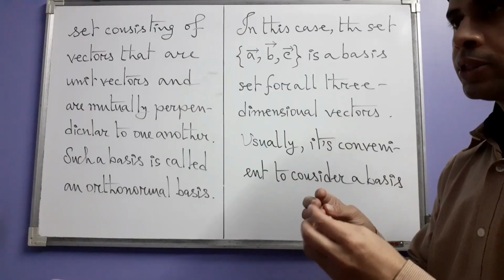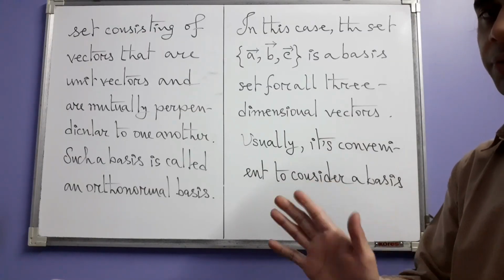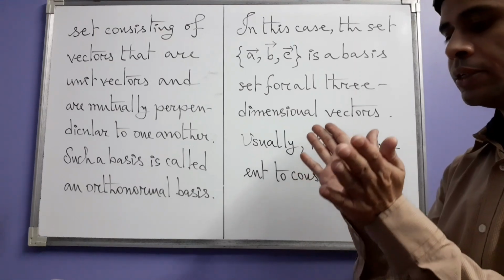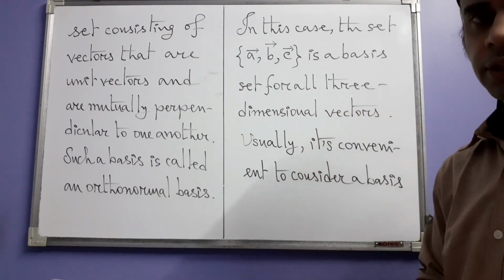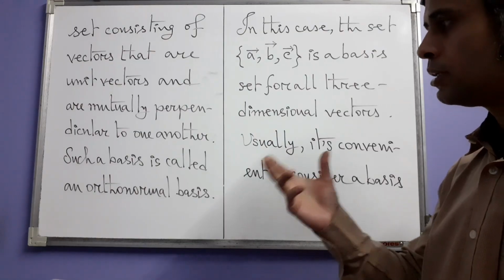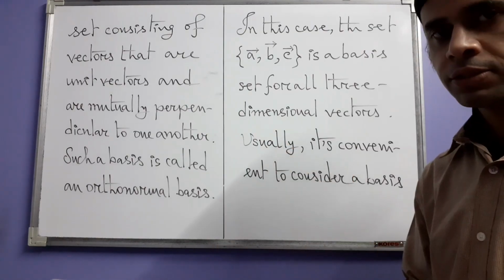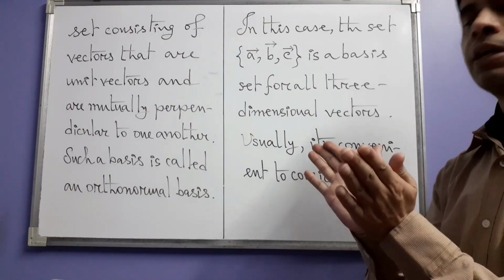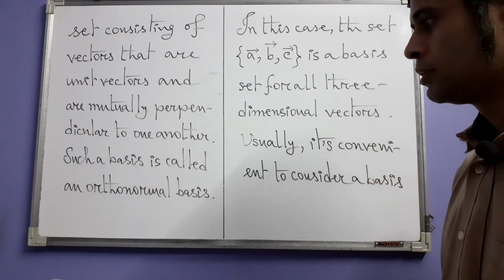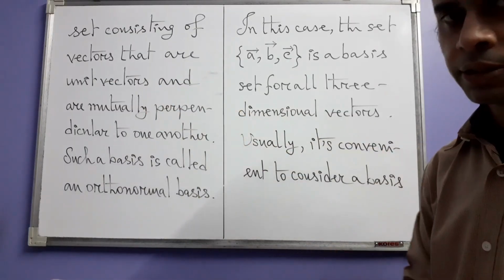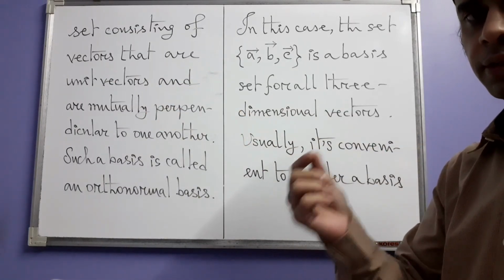Of course, you cannot think of abstract vectors becoming perpendicular to each other, but being perpendicular means that their directions are perpendicular to each other. Or you can say that if you think of geometric representations of these vectors as directed line segments, then those line segments are perpendicular to each other. And normality has to do with them being unit vectors, that is, having unit length.